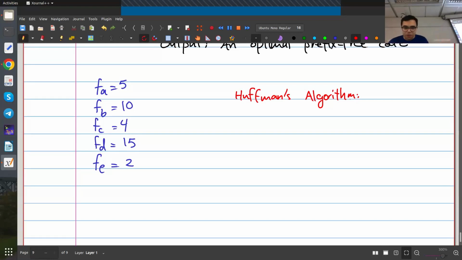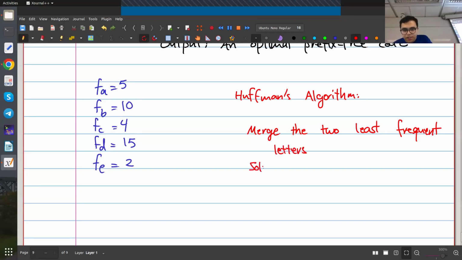Okay, so I'm going to show you what I mean, but let me just write it. So it says merge the 2 least frequent letters. Solve recursively. And let's say these 2 least frequent letters were whatever, letter 1 and letter 2.